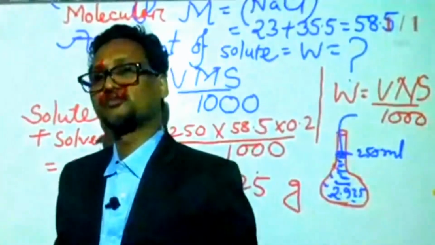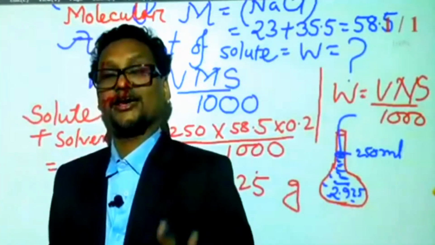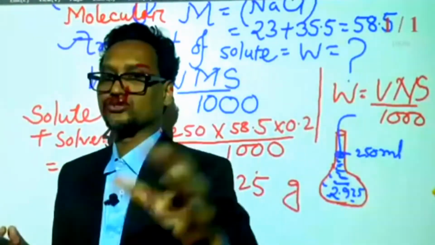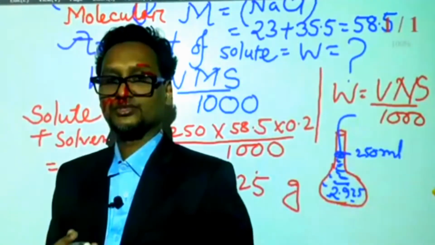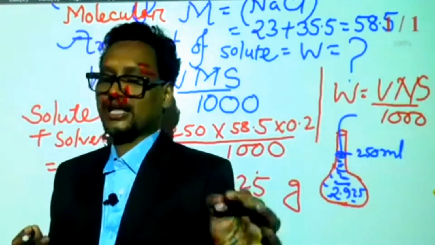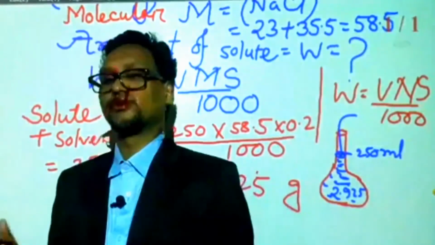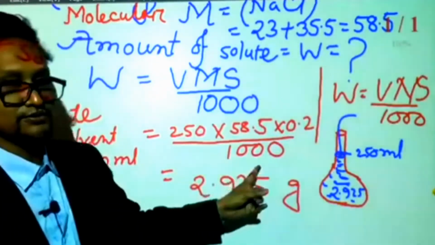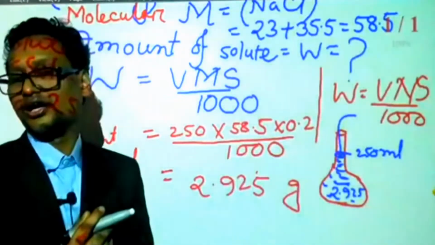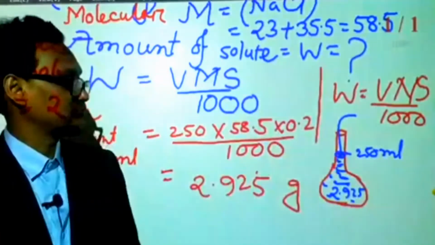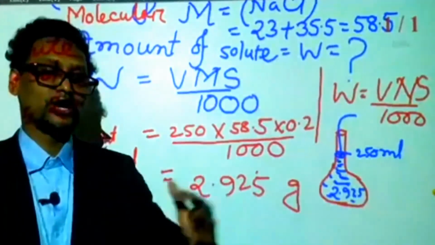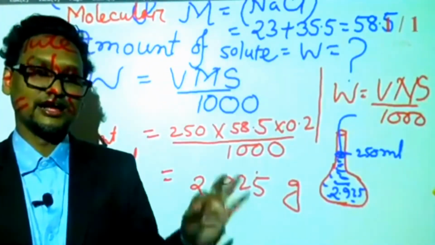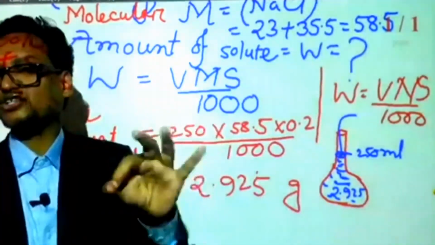If it is 250 milliliter solution, then it's okay. But pouring 250 milliliter water is the wrong concept, because solvent plus solute equals the total volume of solution. So if the amount of solute is 2.925 gram, then the rest will be water and the total will be 250 milliliter.